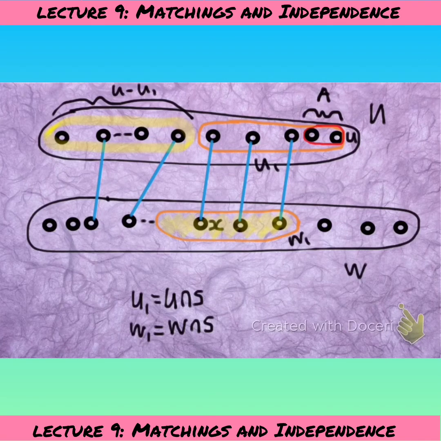So let's check that all the edges are covered. We need to show that all the edges are covered for this to be a vertex cover. Remember we said that there are no edges between those two sets, so we can't find edges there. So the edges could lie there, or they could lie there, in which case they're already covered.